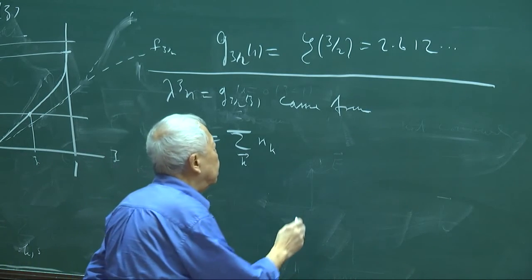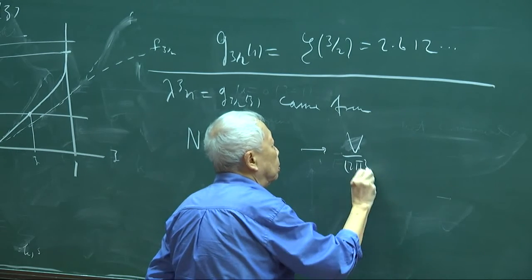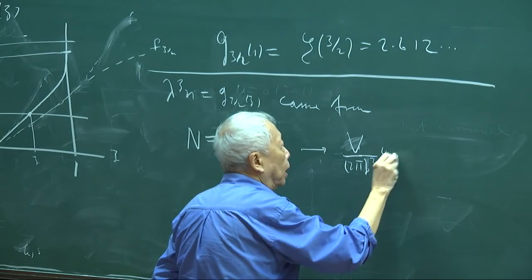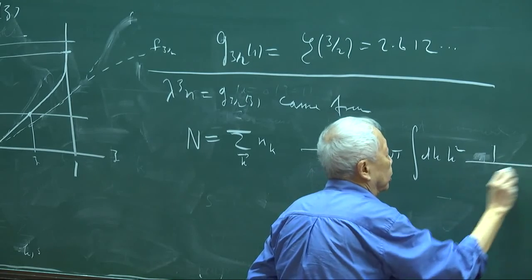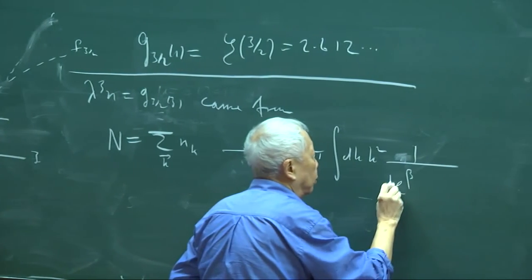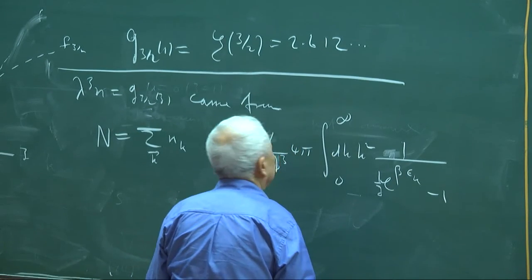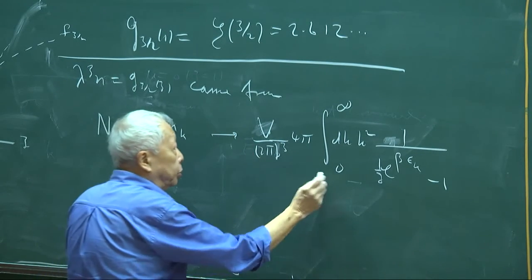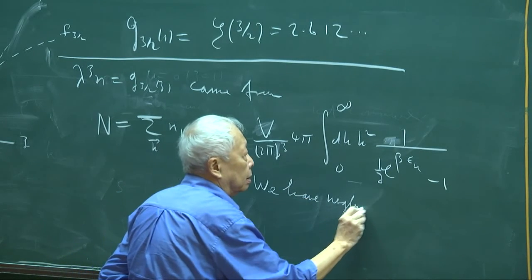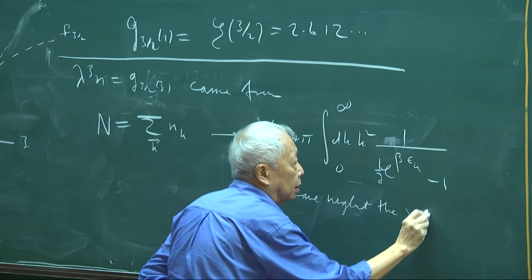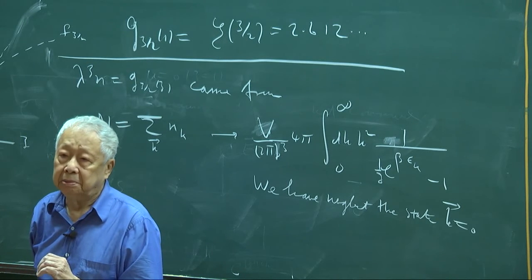And we write V over (2 pi) cubed, 4 pi integral dk k squared, 1 over z inverse e to the epsilon minus 1, from 0 to infinity. Note that by doing this, we have neglected the state k equal to 0. That one state we have neglected.